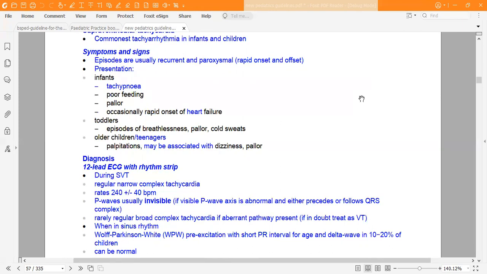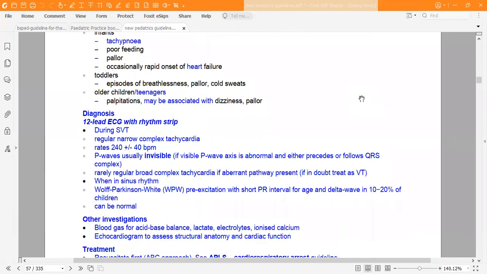And how to diagnose this kind of arrhythmia? First of all, you have to do the 12-lead ECG with rhythm strip. So the 12-lead ECG with rhythm strip is crucial here. If you have done the 12-lead ECG during SVT, you will find a regular narrow complex tachycardia, rates between 240 plus or minus 40 beats per minute.